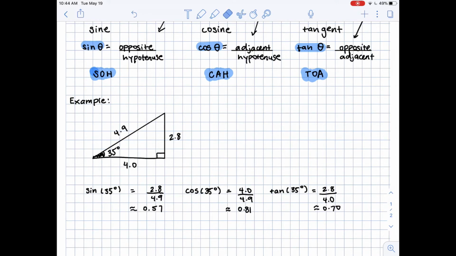Man, I'm all over the place. Also, just round to the nearest hundredths. Alright, so hopefully you get 0.57, 0.81, 0.70.